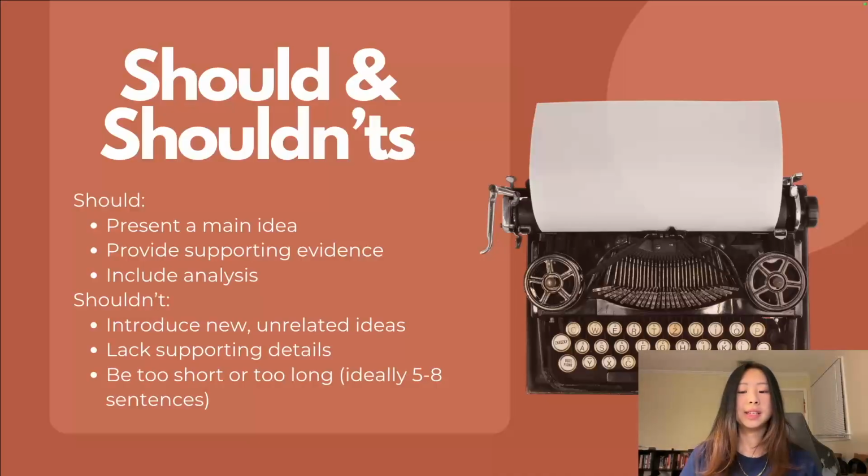The third thing is it shouldn't be too long or too short. While length obviously varies for the specific essay you're going to write, extremely short paragraphs are often underdeveloped, and excessively long ones can be overwhelming, or maybe a sign that you're covering too many points in your body paragraph. A typical body paragraph should be 5 to 8 sentences.